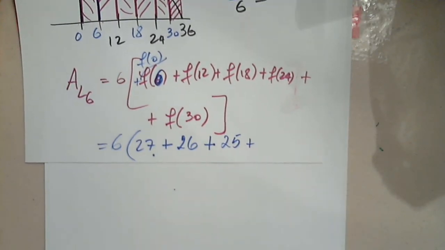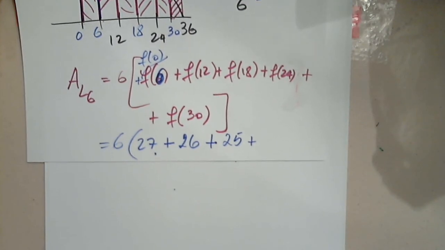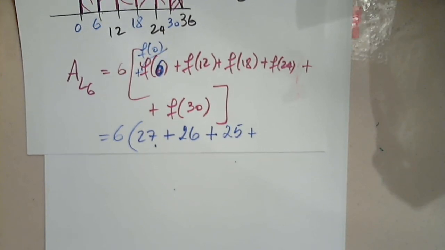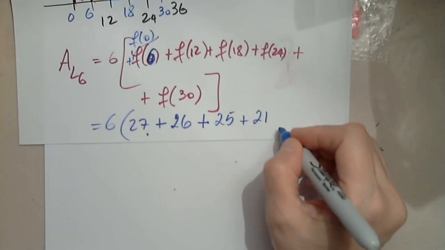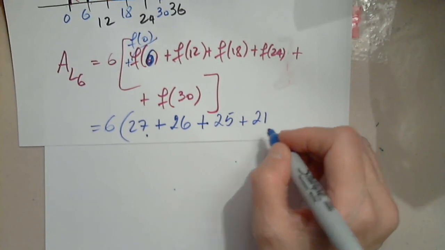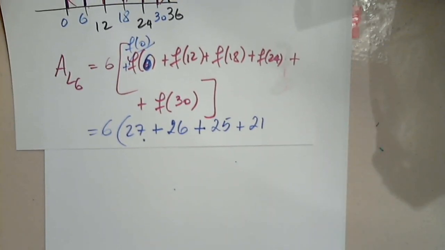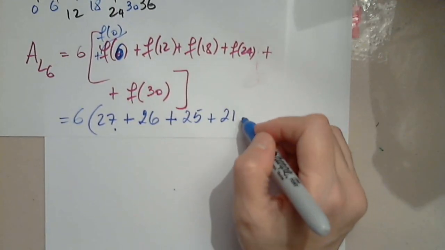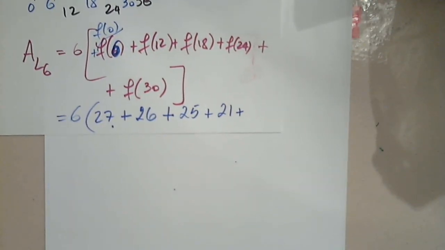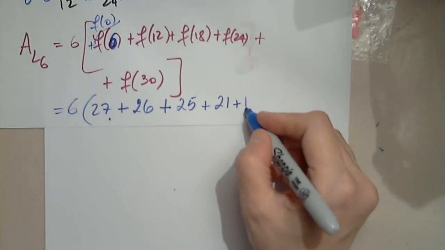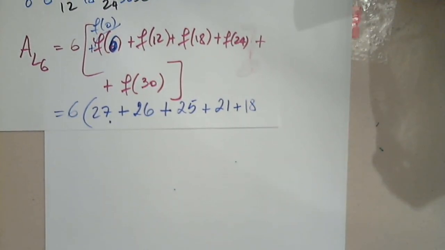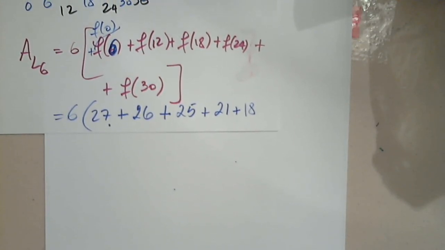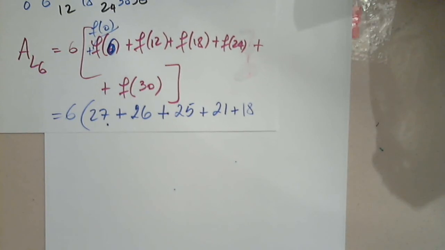Difficult to approximate. Now f of 18 for me is about 21, roughly. F of 24 is exactly 18 for me. And the last one, f of 30, is 12 for me.